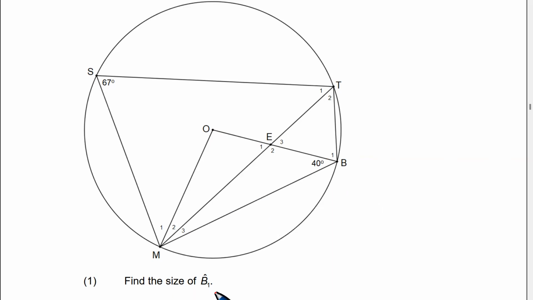Find the size of angle B1. We're looking for exactly this angle there, and it is actually very easy to determine. We need to find the numerical value of that angle.